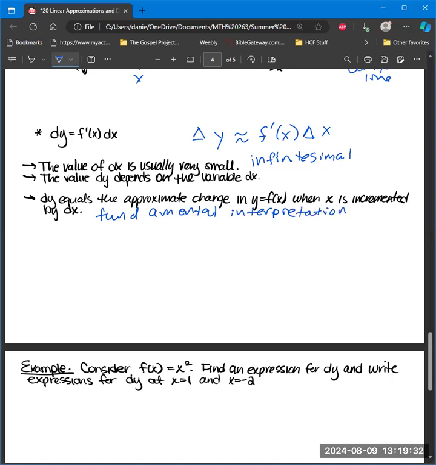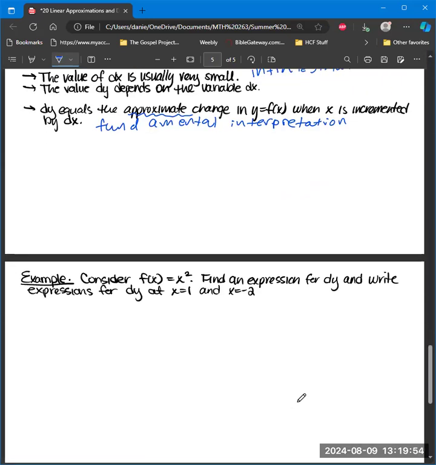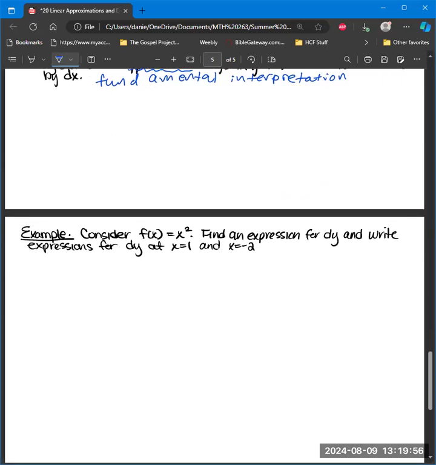We need to know that it's an approximate change: dy is about the same thing as delta y as long as I stay close to x, and close is a relative term here, because it depends how rapidly f of x is changing, how close I need to stay to x to get a good approximation.